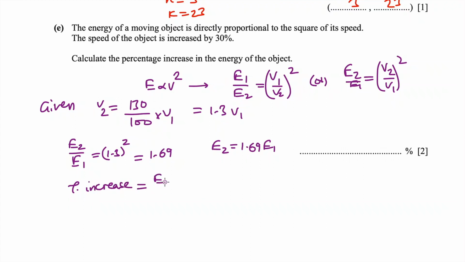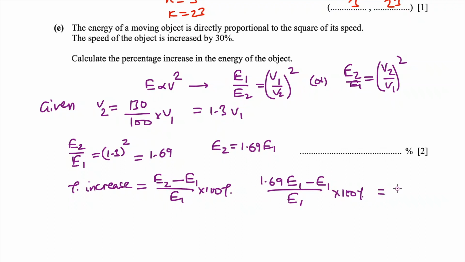Okay, so therefore percentage increase would be equal to E2 minus E1 divided by E1 into 100%. 1.69 E1 minus E1 divided by E1 into 100%, which is 0.69 into 100%. E1 will get cancelled everywhere, which is 69%.